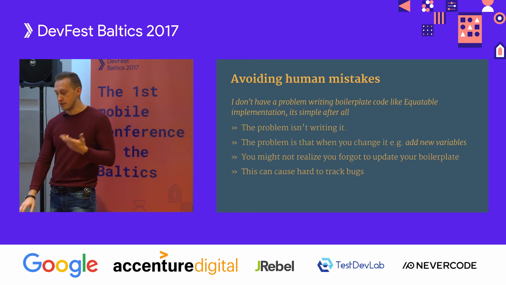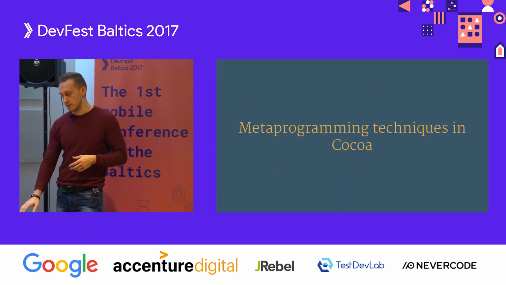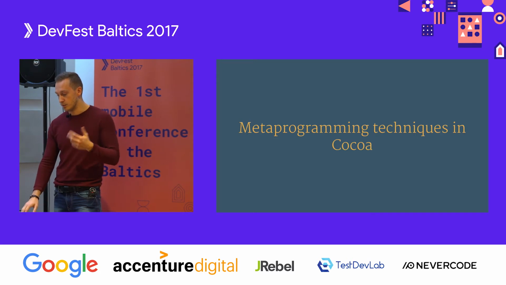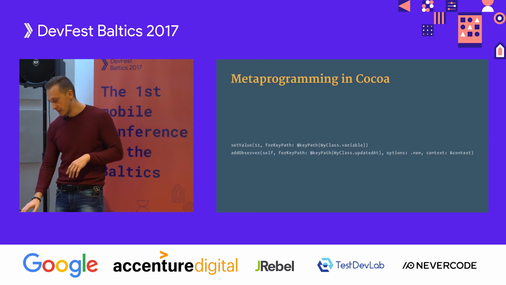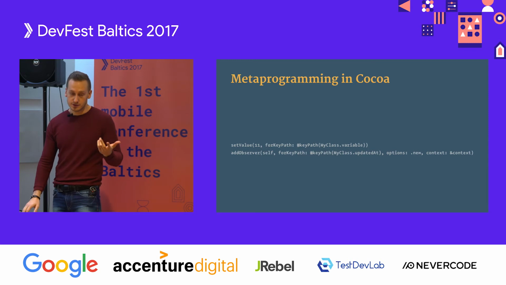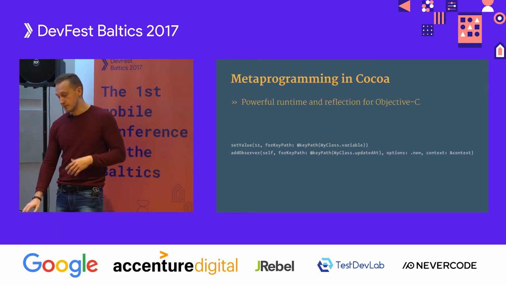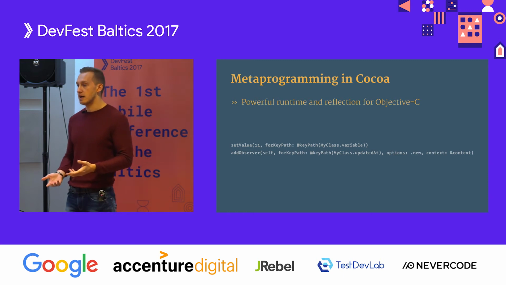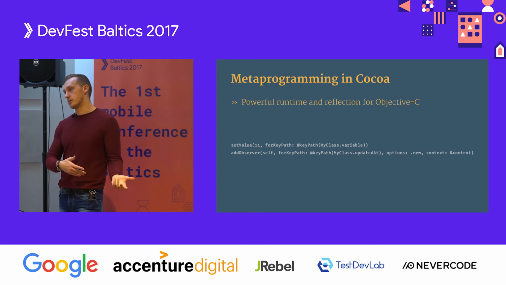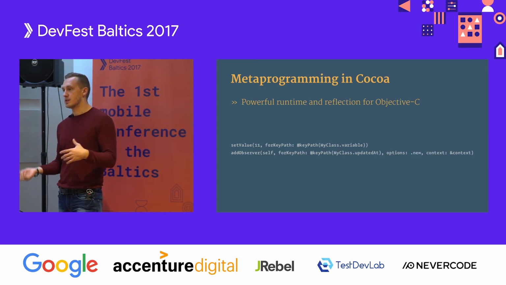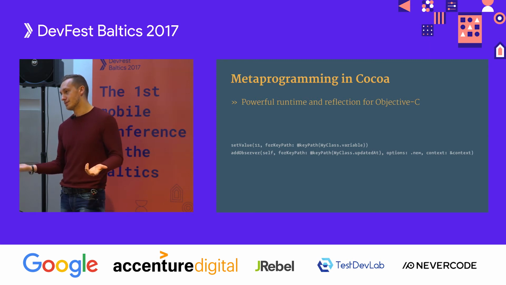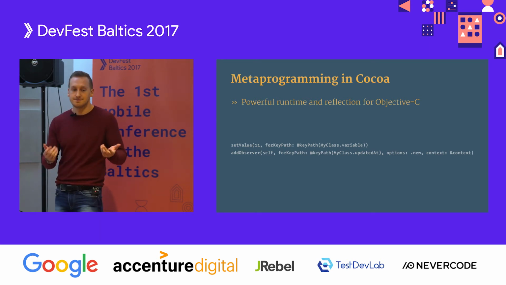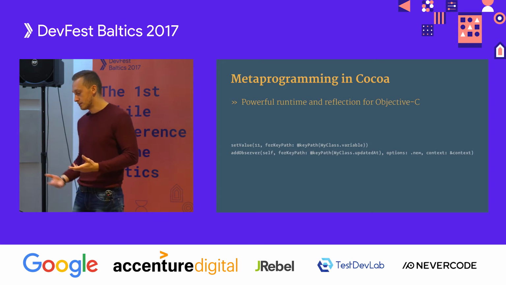So what are some of the techniques in Cocoa that we have for metaprogramming? What is available by default? We have some stuff that was used in Objective-C a lot, like runtime and reflection for Objective-C, or you can use it in Swift as long as your types inherit from an object, which also means you cannot use any of the Swift features if you do that. If you inherit from an object, you're losing a lot of the power of Swift.